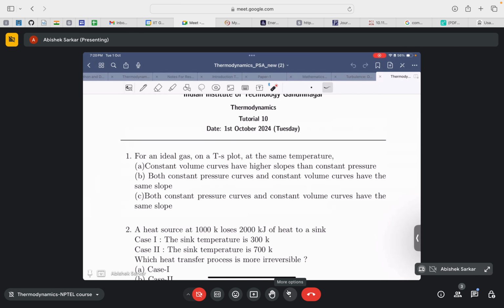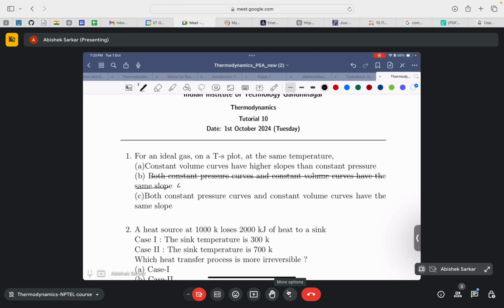So the first question is, for an ideal gas on a TS plot at the same temperature, there are three statements. The constant volume curves have higher slopes than constant pressure. Both constant pressure curves and constant volume curves have the same slope, or both, okay, I'm sorry. This is wrong, so this should be the opposite.